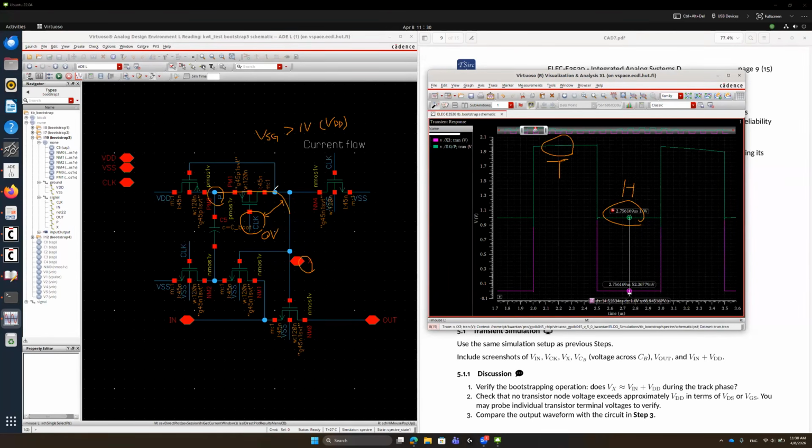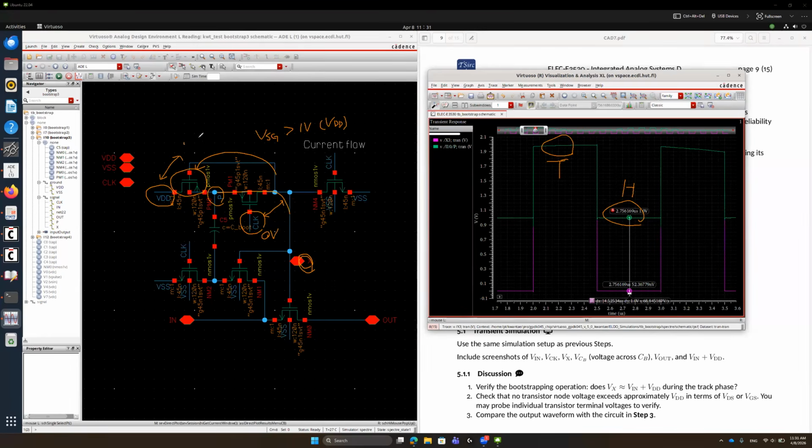So let me also take an extra look at this PMOS transistor. For this PMOS transistor, the drain voltage is VDD, as always. So no matter how the VX node is boosted over VDD, its difference is always within VDD.